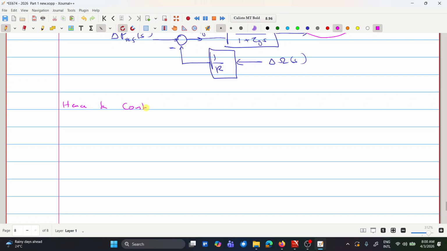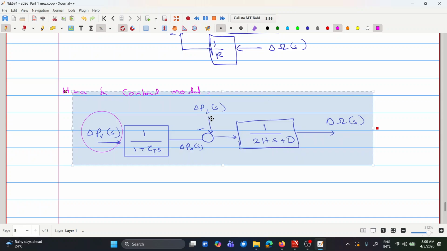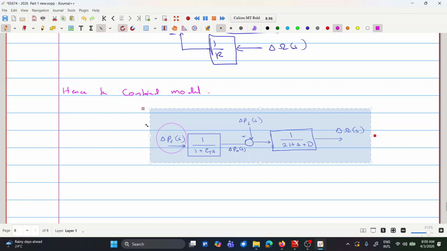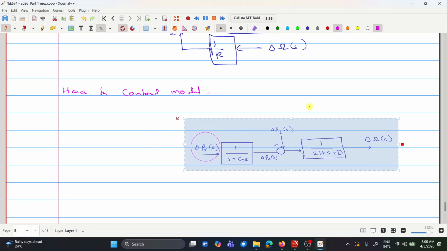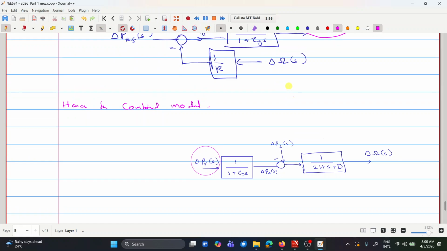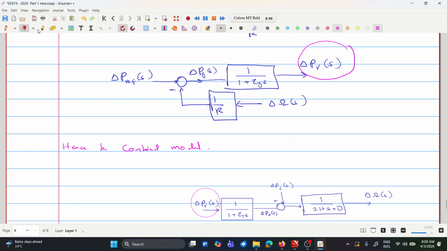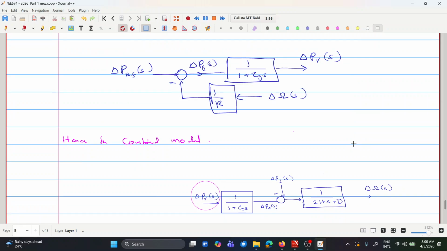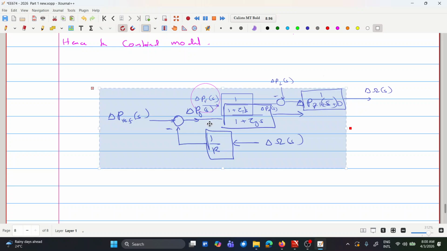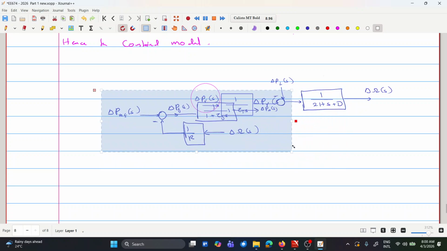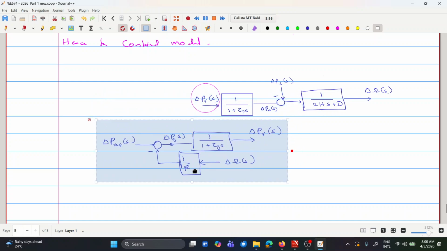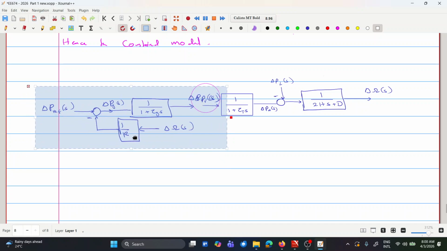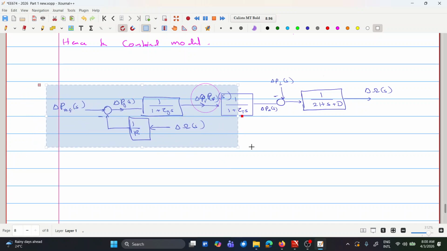you can generate the combined model, you have that in here, right, and then you have this, right, and so it is coming like this, right.